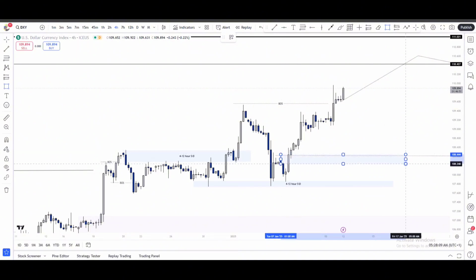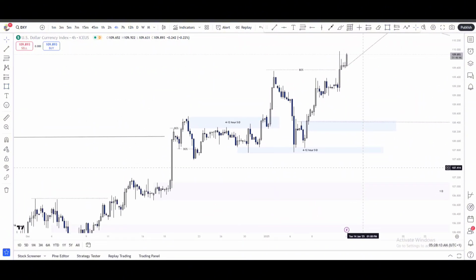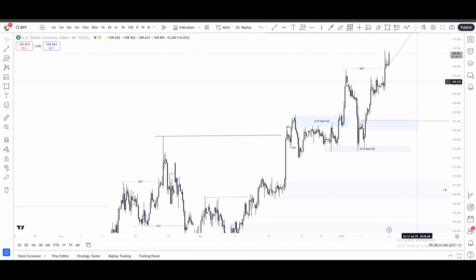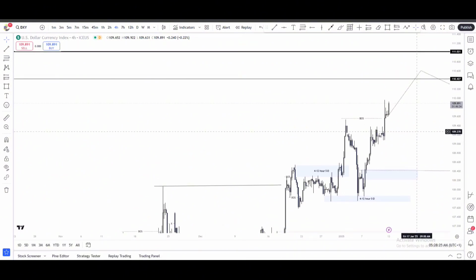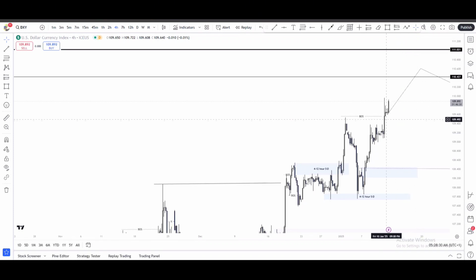So you should have it in mind that the dollar index is going to be bullish. So probably in the next 3 days, the market might be bullish for the dollar index, and before we'll be expecting a sell.